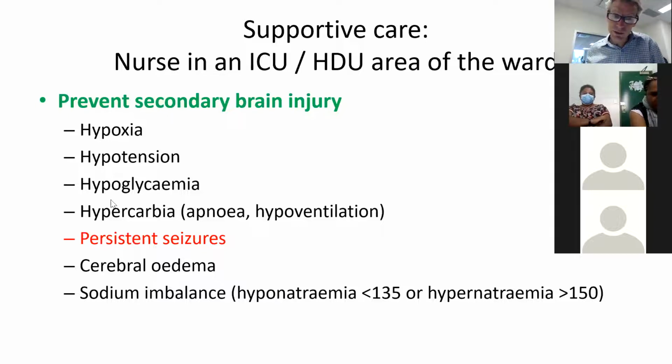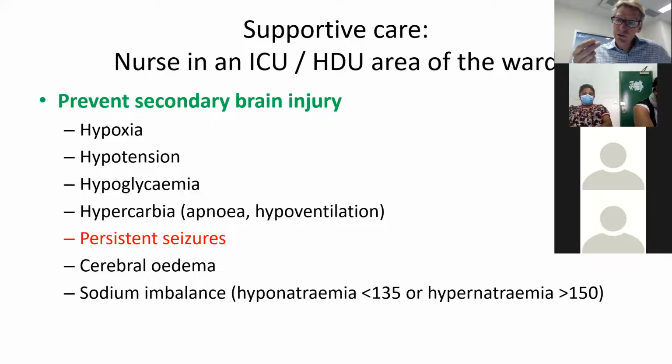If a child has ongoing seizures when they've got a brain injury, it can worsen that injury, because during seizures the brain needs more oxygen, glucose, and energy. If your body can't provide them, the cells will be starved of energy and start to die.